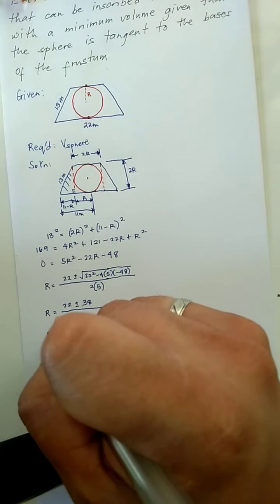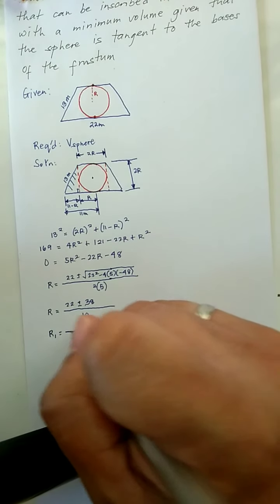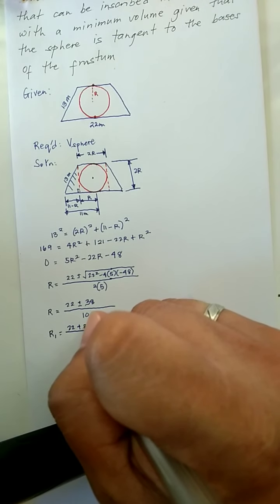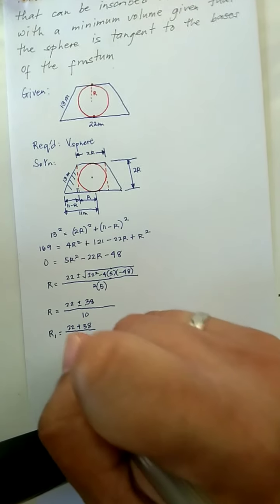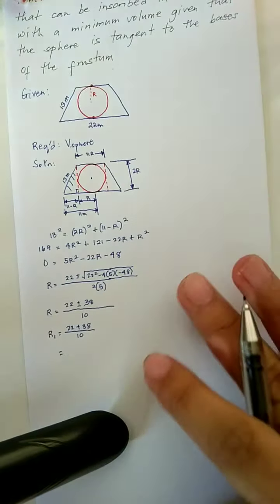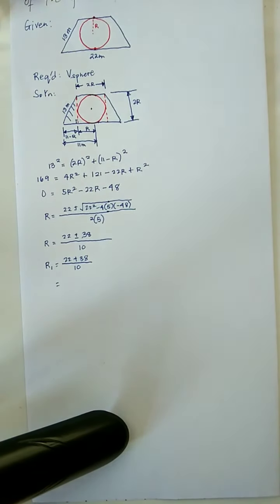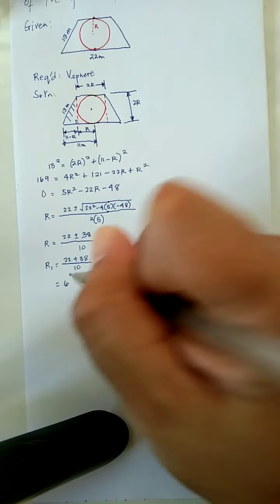You have R1 is equivalent to 22 plus 38 over 10, which is 6.